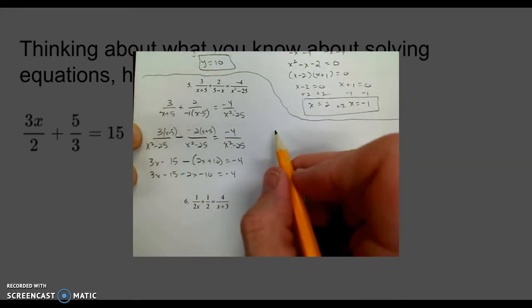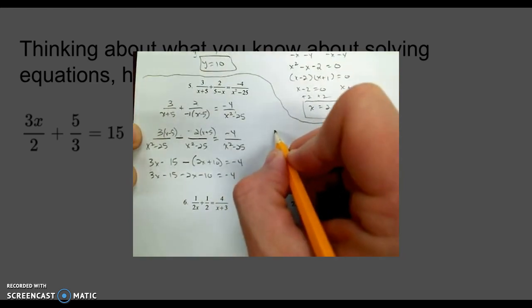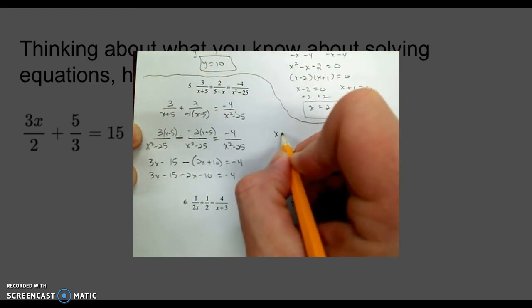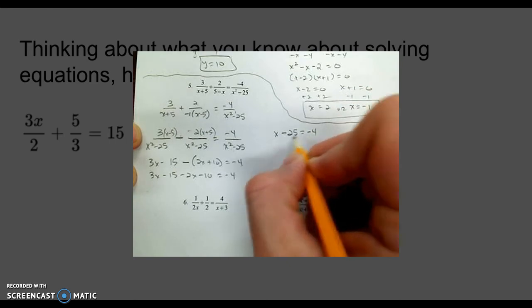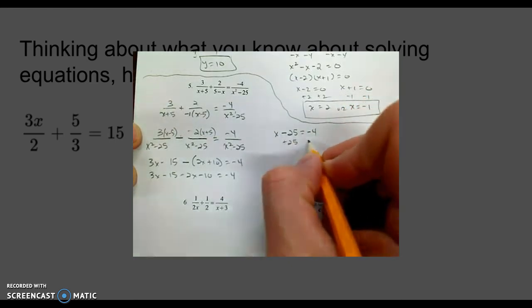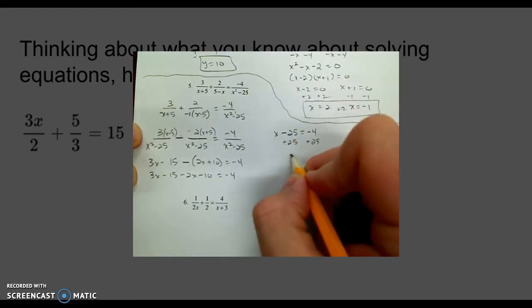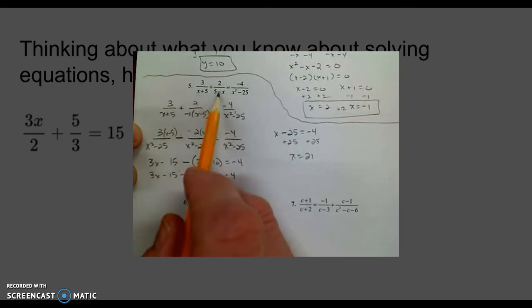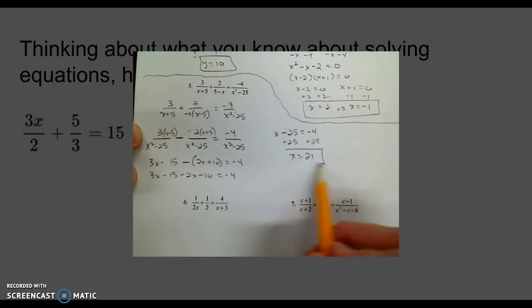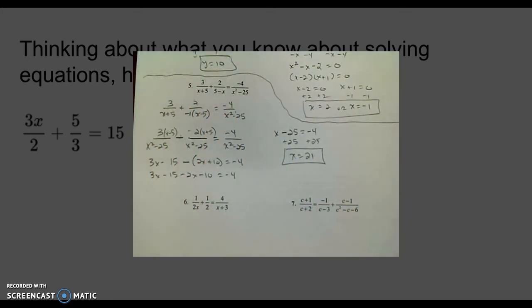So let's bring it back up here, combine some like terms. 3x minus 2x is 1x. Negative 15 and negative 10, negative 25 equals negative 4. So x equals 21. And in any case, does 21 give us 0 in the denominator? No. So that can stand as our answer.